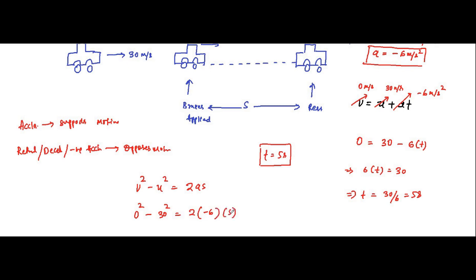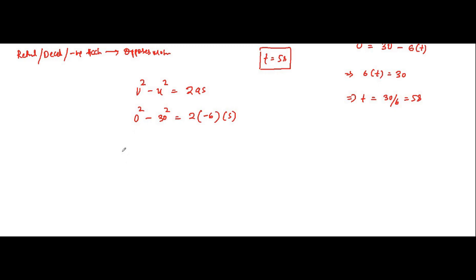So s is equal to minus 30 square divided by minus 2 into 6. Negative and negative cancel, and this becomes 30 square by 12, which is equal to 75 meters.